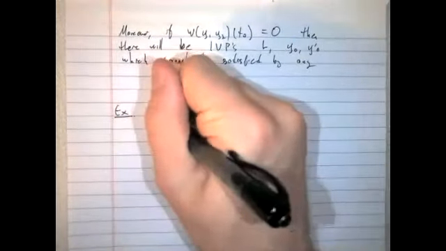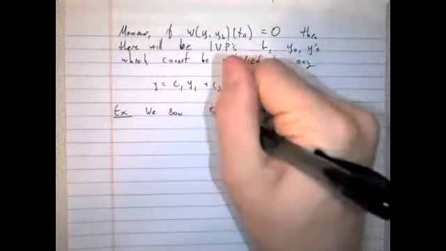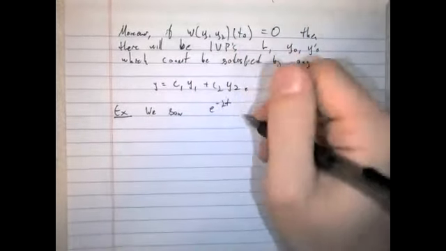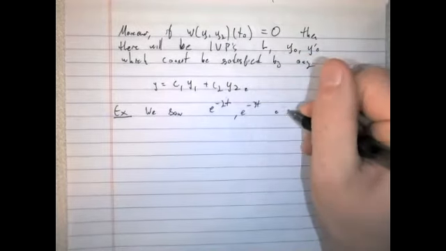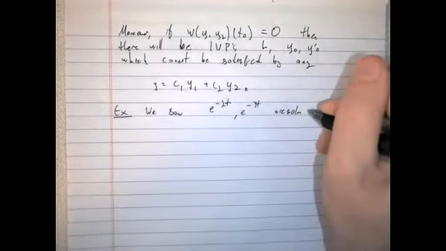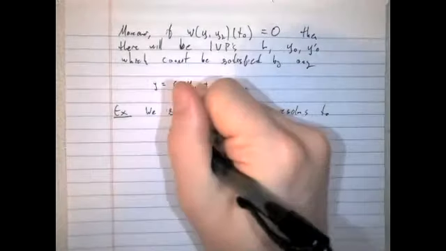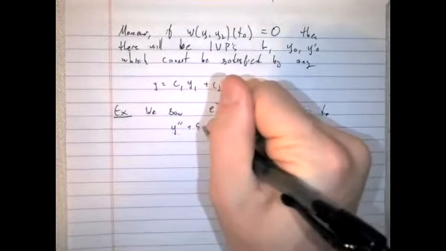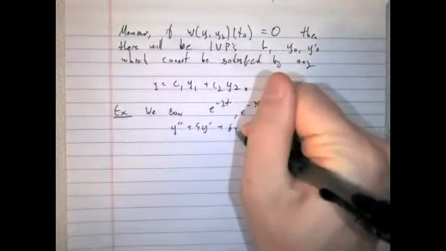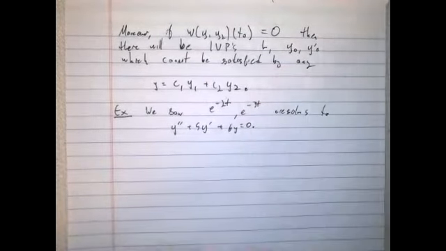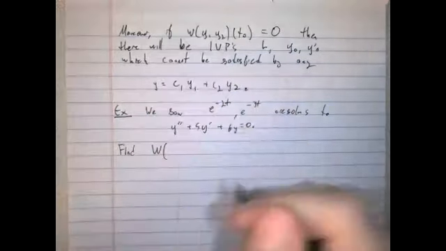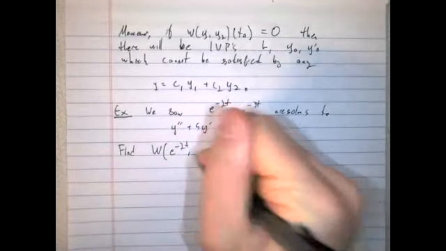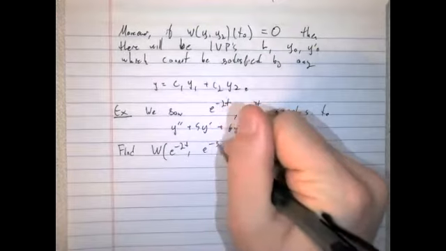We saw that e to the negative 2t and e to the negative 3t are solutions to y double prime plus 5y prime plus 6y is equal to 0. Find their Wronskian. W of e to the negative 2t, e to the negative 3t.